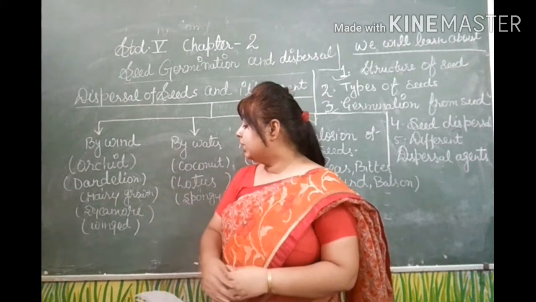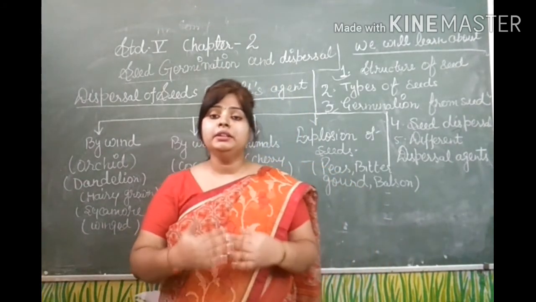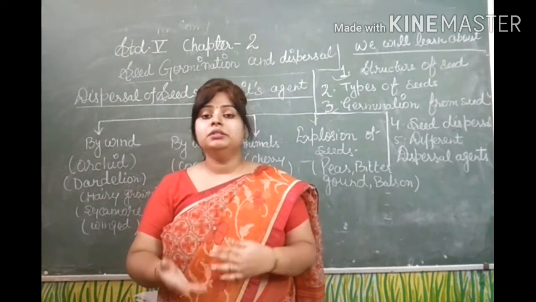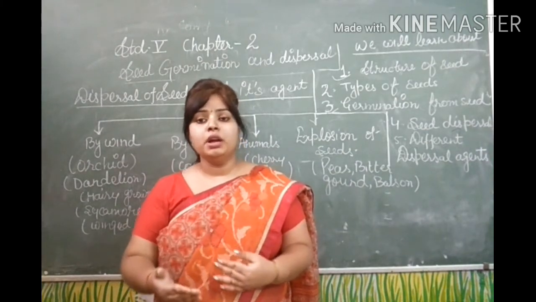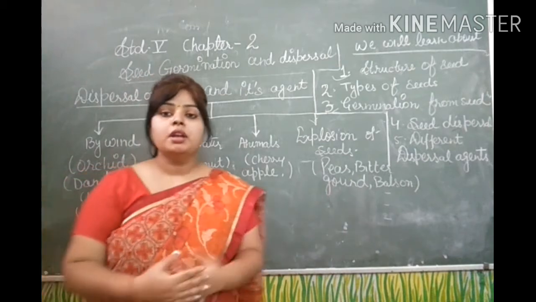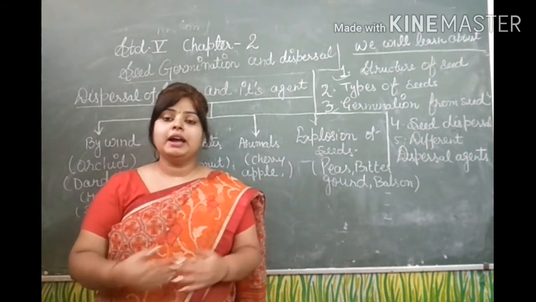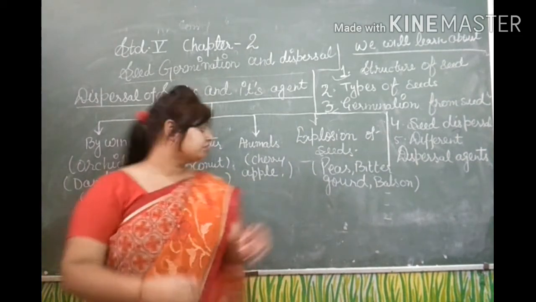The next example is sycamore. Sycamore has a wing-like structure, and the wing enables the seeds to fly and give rise to a new plant. The next one is by water. By water, there are some types of seeds that float on the upper surface of the water.